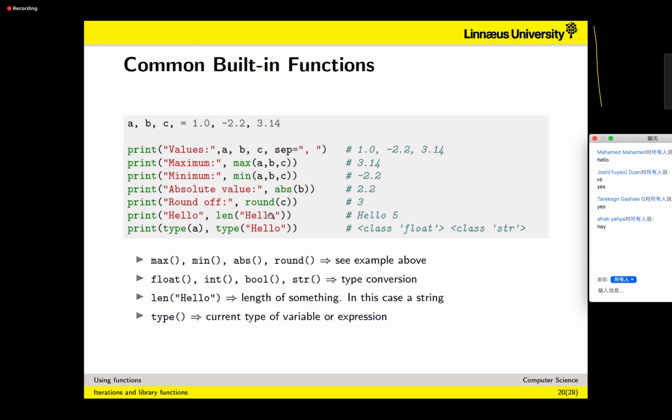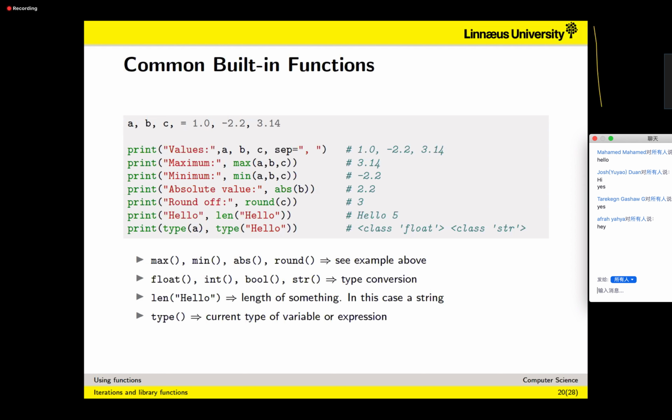Any problems with any of these functions? So max, min, abs, round, they are manipulating numbers or picking out the largest or smallest one. They have the type conversion methods, float, int, bool, str. This one measures the length of something, in this case a string, and this one gives the current type of it. We are using these functions all the time. You have seen that we are using print a lot, but remember that min and max are always available.